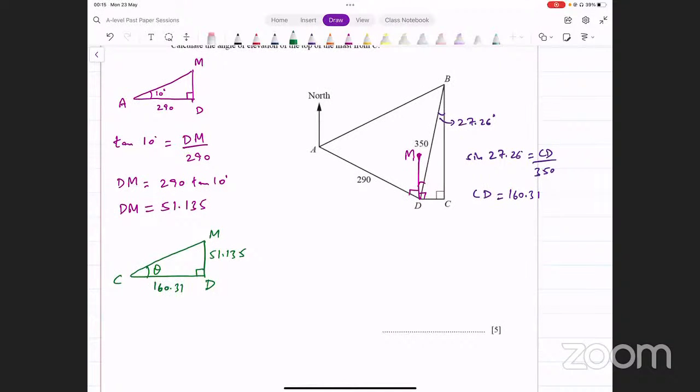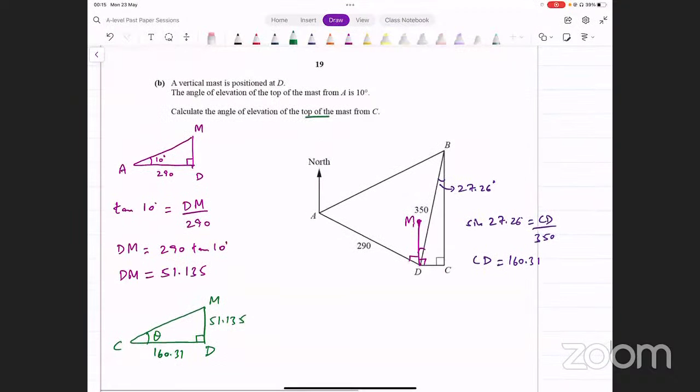Now you have CD. This is the angle of elevation of the top of the mast from the point C.